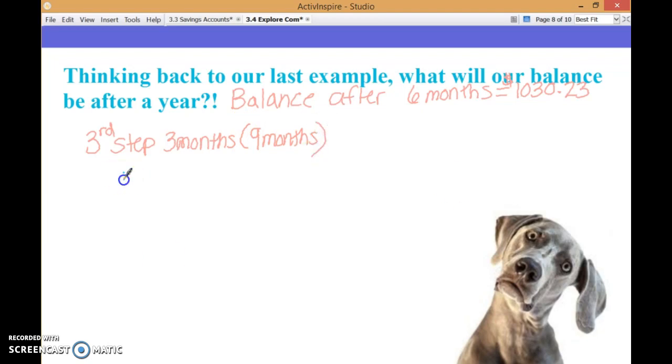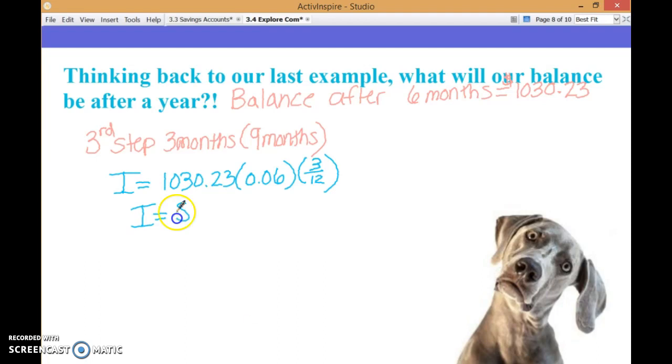Again, using my formula, interest equals principal, which my principal is 1,030 and 23 cents, times my rate, which is still at 0.06, times my time, which is just another additional 3 months, going to be 3 over 12. When I plug that into my calculator, I'm going to get an interest of $15.45.